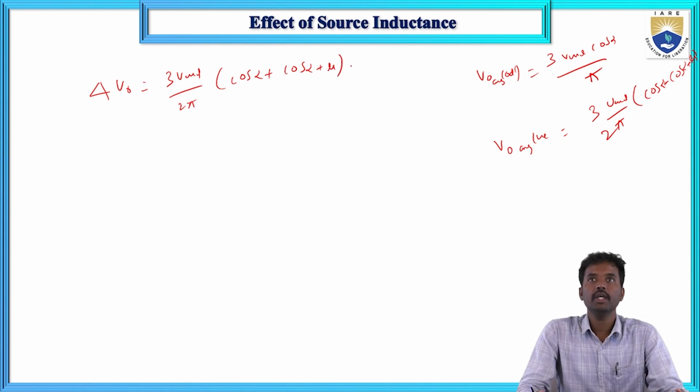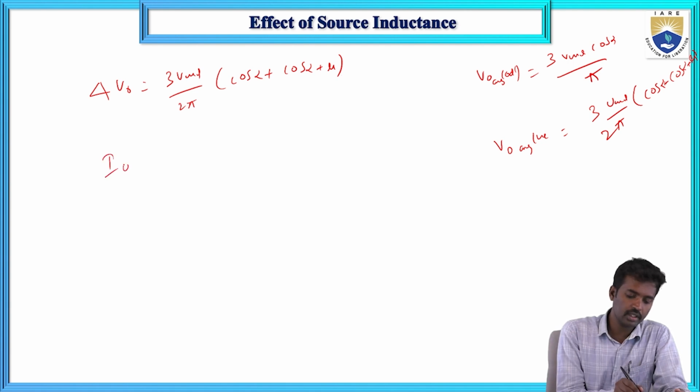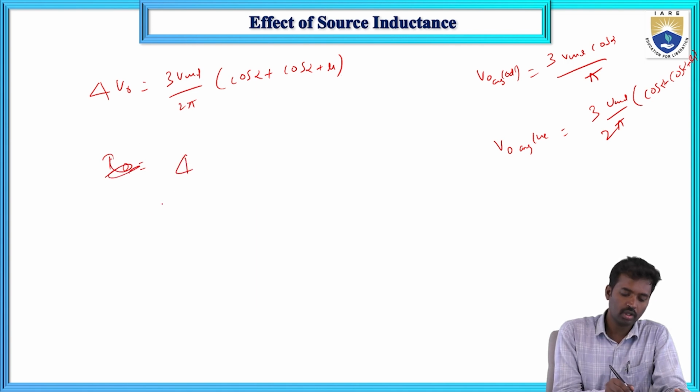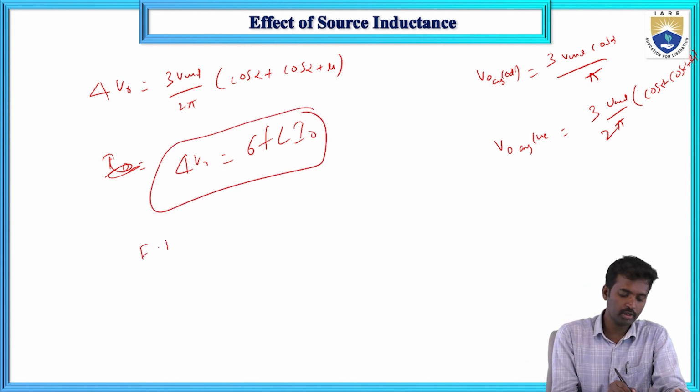What is the output current I naught? The delta V naught in terms of I naught is the same: 6 into F into L into I naught. This is the formula. Now the last one is the fundamental displacement factor, which equals cos of alpha plus mu by 2.